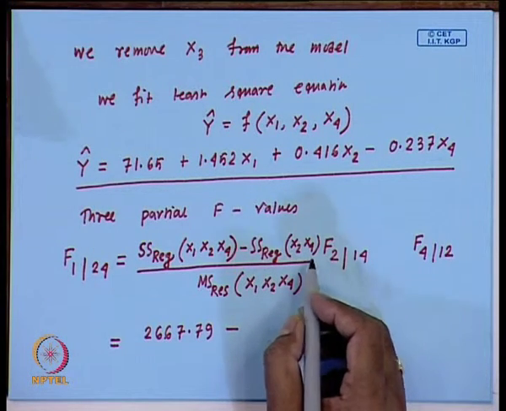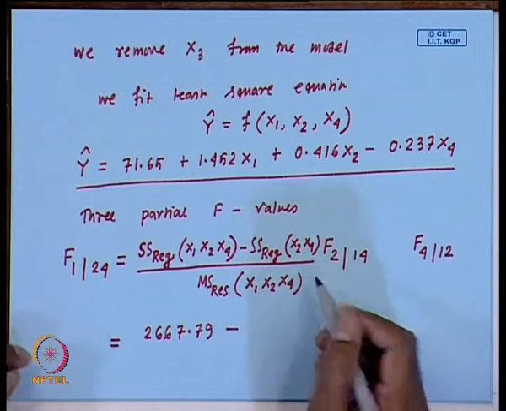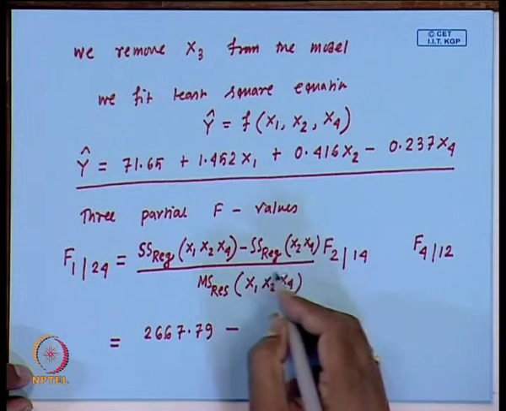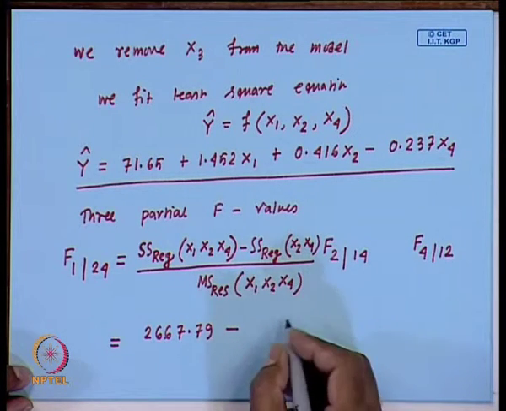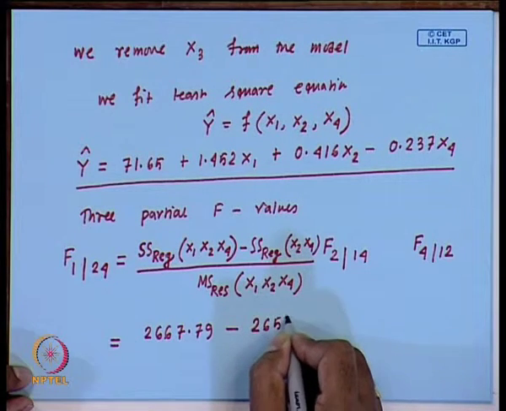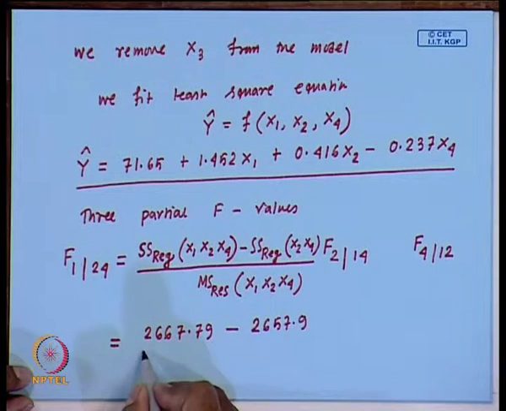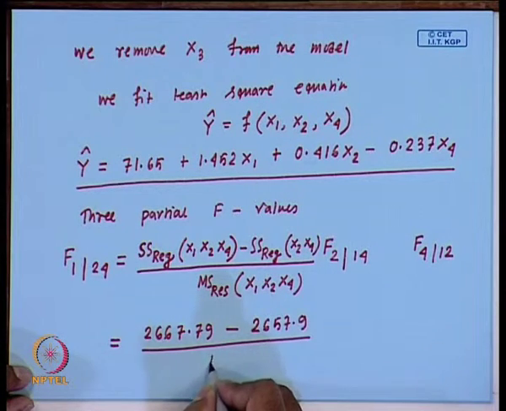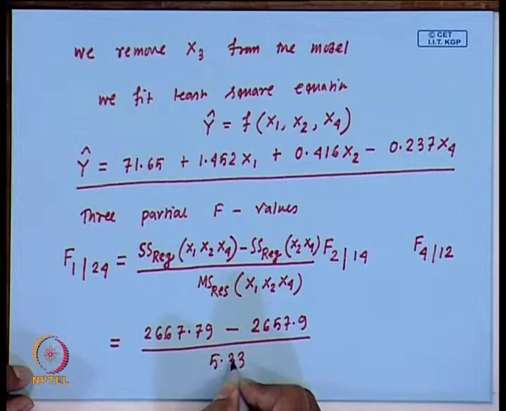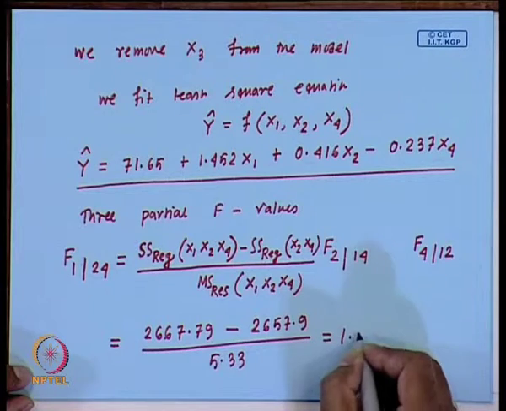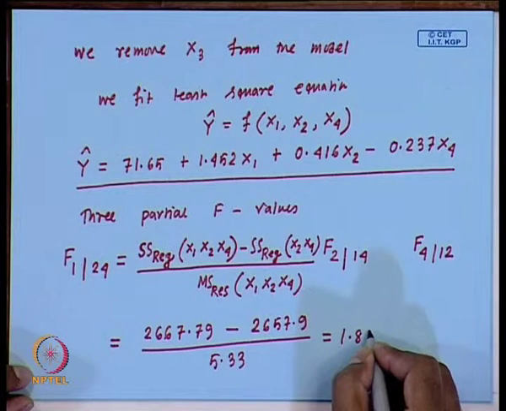You can check that you fit a model between y and x 2 and x 4, you find out the SS regression value, that will be 2657.9 and the MS residual value is 5.33, it is not 5.98. Okay. This one is equal to 1.86.